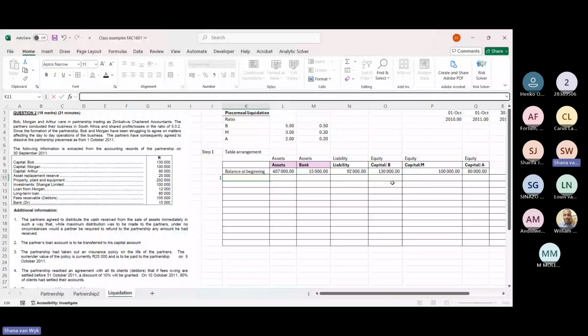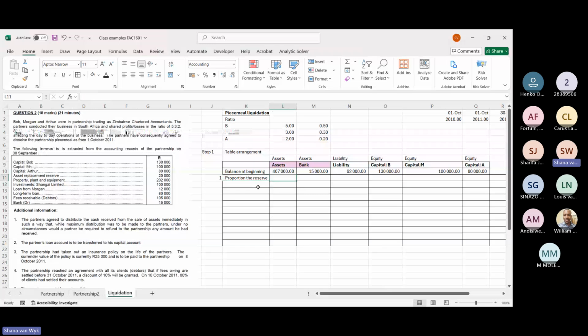Alrighty, so we know number one, asset replacement reserve is equity, so it's credit. We need to close it, so we need to debit it, which means if we carry it over to capital, we are going to debit it. Am I speaking nonsense?